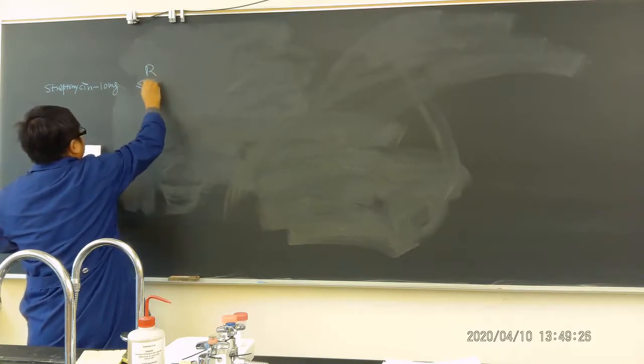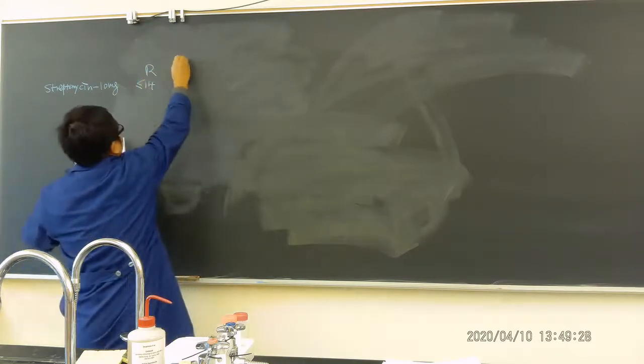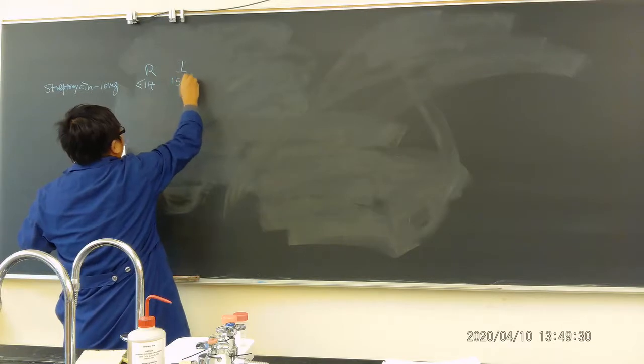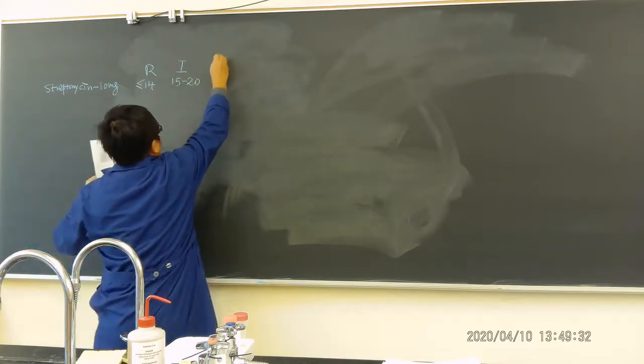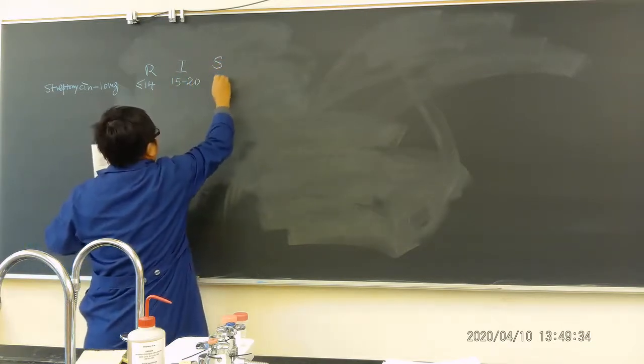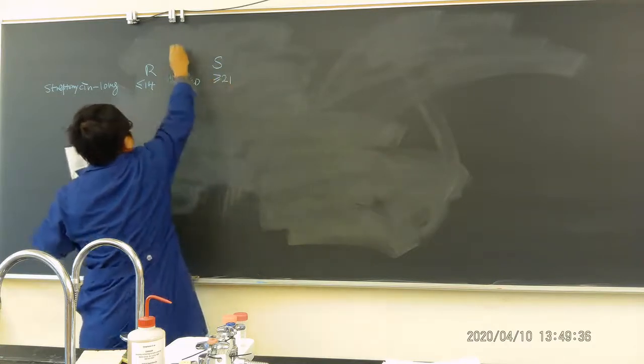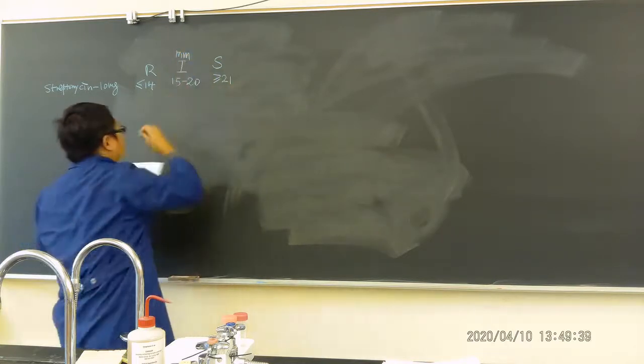This is 10 microgram. And we write R is less than 14, I is 15 to 20, and S is more than 21. This is all in millimeters.